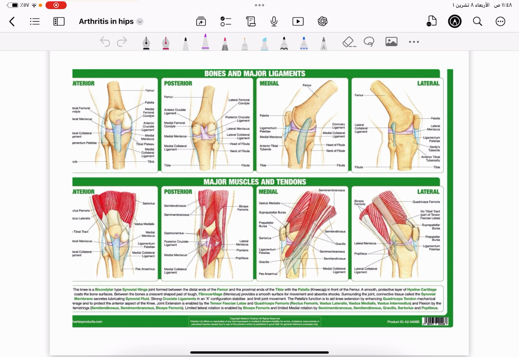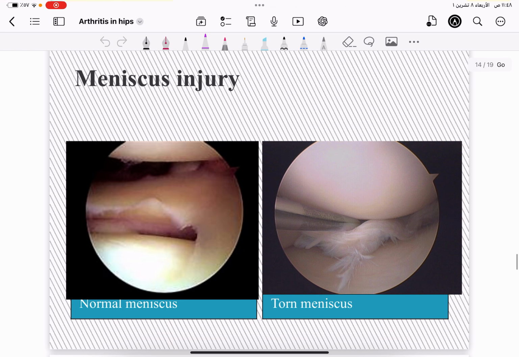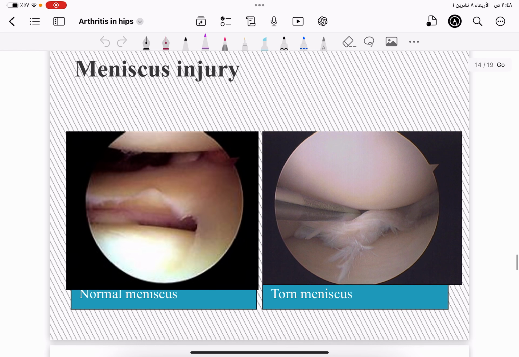Okay, and just to show you how it looks like, this is how the meniscus looks like. On the left side, on your left side, you can see a nice smooth meniscus, nice smooth cartilage, and you can see the tear there. When you get a tear, this is a post-traumatic early problem.